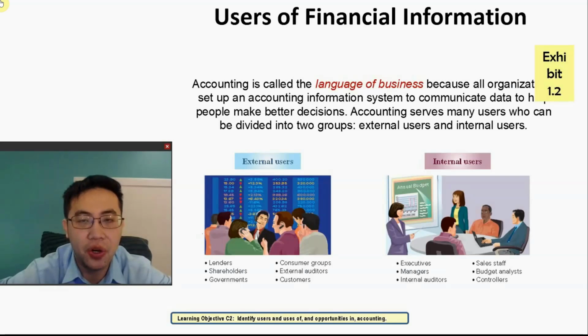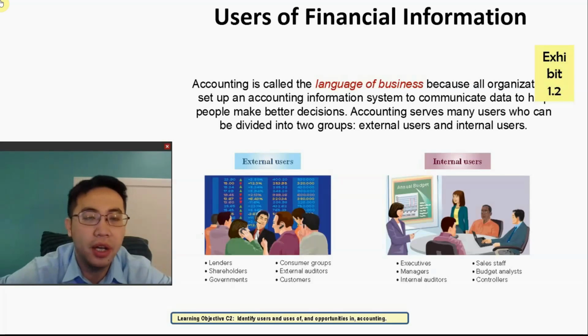You also have controllers, and a controller is basically the general accountant in charge of the information. You have all the transactions recorded and input, and then you have it consolidated into a nice format and disseminate it to the outside people.